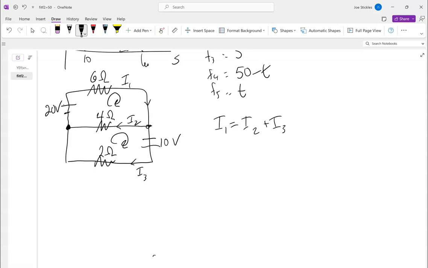All right. And so the law that we're going to use is that the sum of the voltage drops has to equal what the voltage gain is from the battery. That's the way that it works. So here, as I go around the circuit this direction, I hit this voltage drop, and the voltage drop is whatever the resistance is times the current, right? So we would hit 6I1 for the first one.